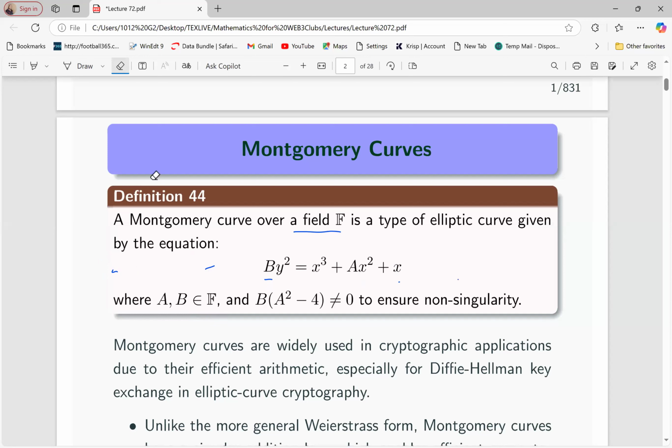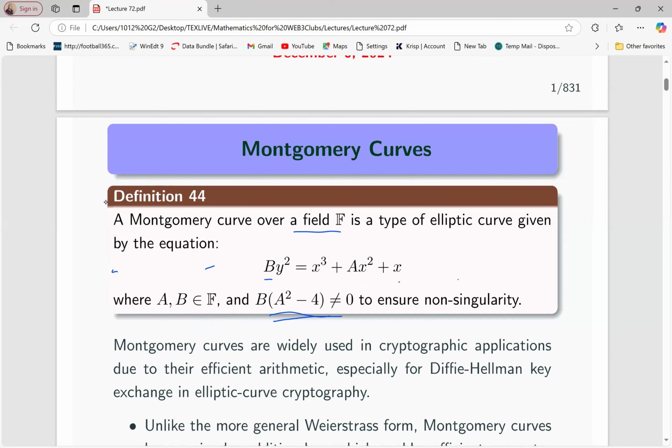Now, one thing that we need to note, as we did earlier: when you are defining an elliptic curve, it must be non-singular. The condition that ensures that it's non-singular is that B times (A squared minus 4) should not be equal to 0. Then it becomes non-singular.